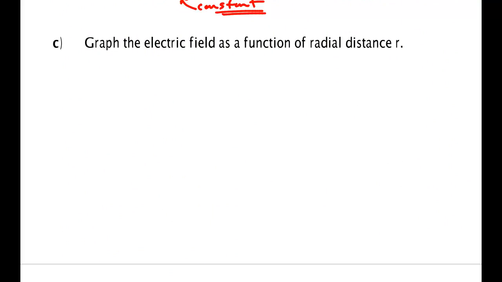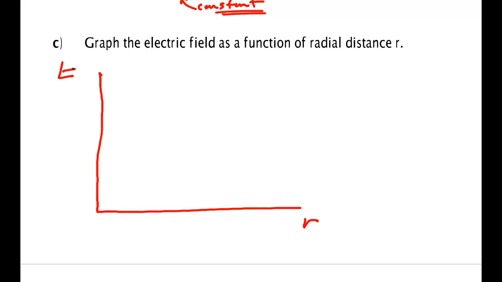Let's graph that. Let's graph r and the electric field strength. And what do we see? Inside a uniformly charged sphere, it goes up linearly. And it does that until you get to the radius of the charge.